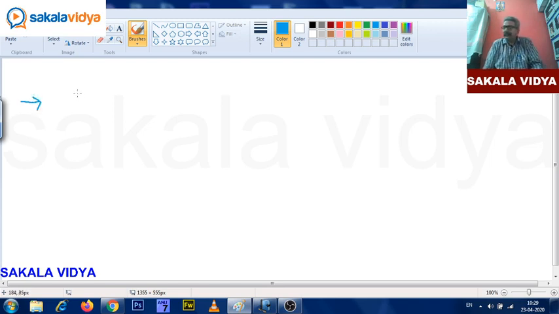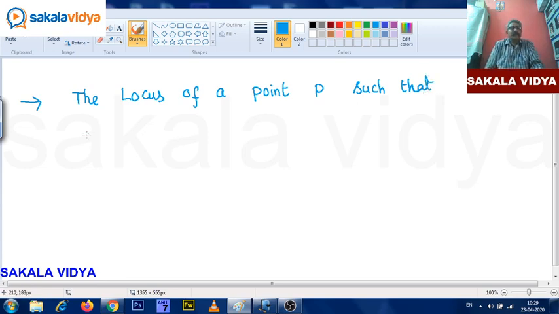The locus of a point P such that PA is equal to k times PB, where k is a scalar, that means a real number.